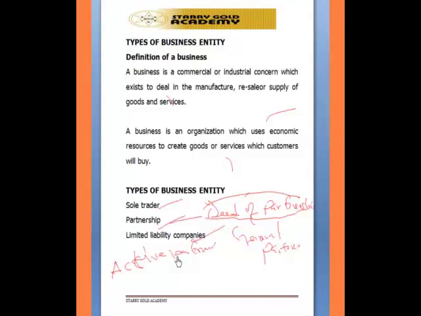So that is for partnership business, and we'll discuss partnership accounts in subsequent classes. Then we look at the limited liability company. The limited liability company is a company that is owned by people who, by virtue of purchasing shares, become part and parcel of the business.